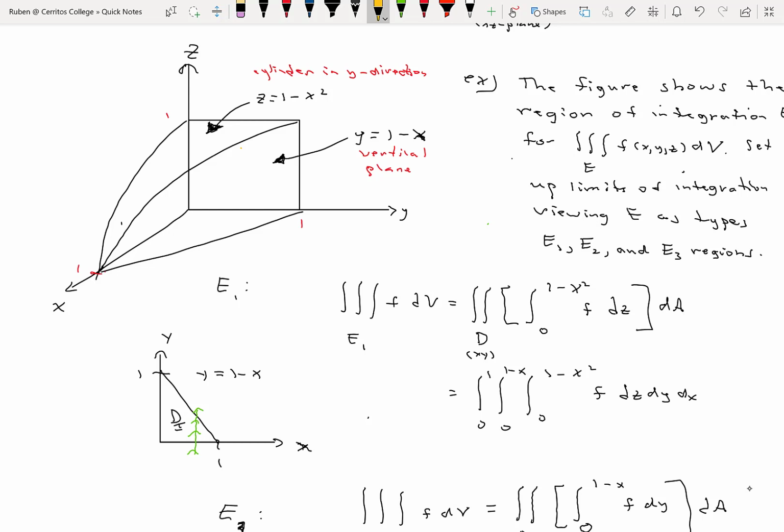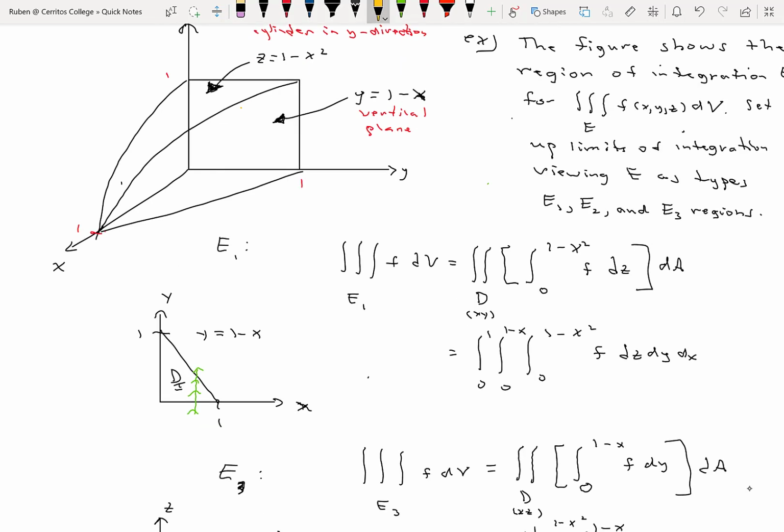So this parabolic shape in the YZ plane, that's the projection directly back into the YZ plane of my curve of intersection of the cylinder in the y and the vertical plane.